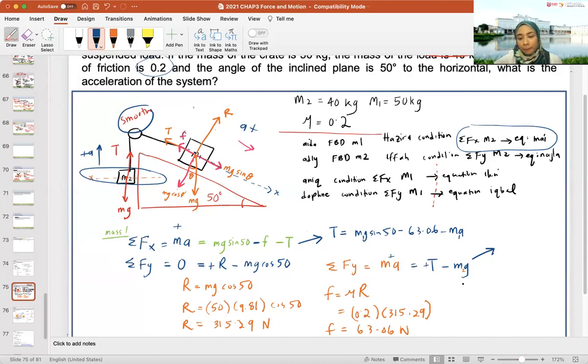So I need to label mass 1. Next, I'm trying to solve this equation with respect to T. So I say T is equal to MA plus MG. In this case, this is specifically for mass number 2, so M2A plus M2G. Now that I have T and T, what can I do with this?